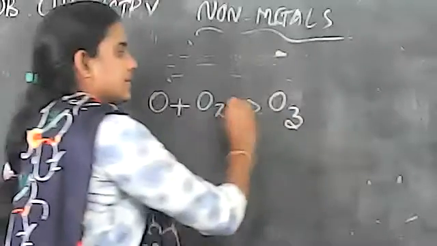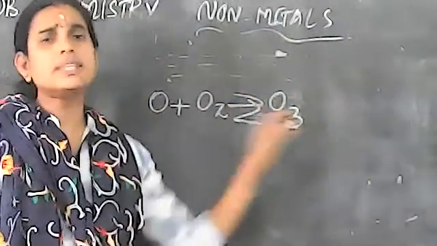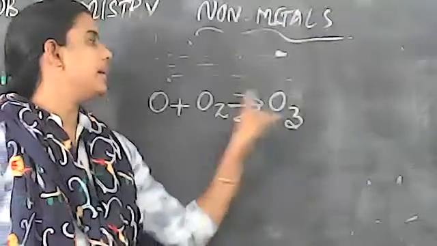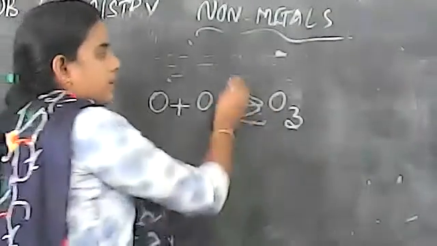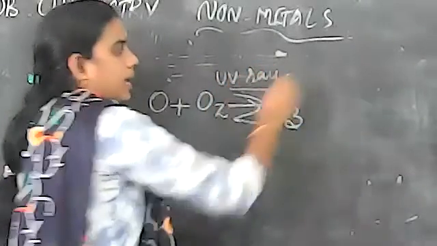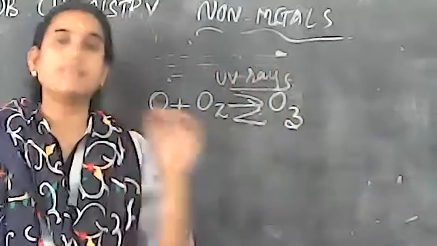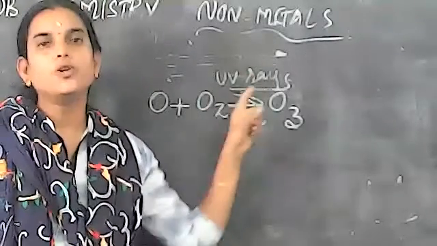This is a cyclic process. Cyclic means a reversible process. When these two are combined together in the presence of UV rays, they absorb some energy, and this energy is absorbed from UV rays.